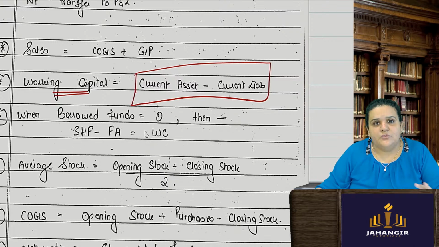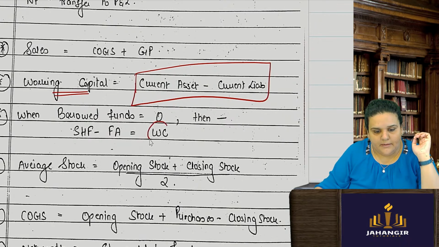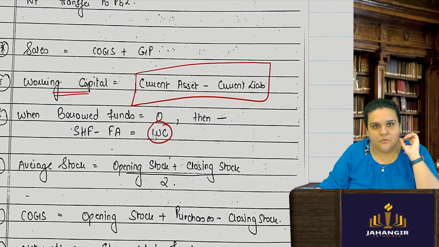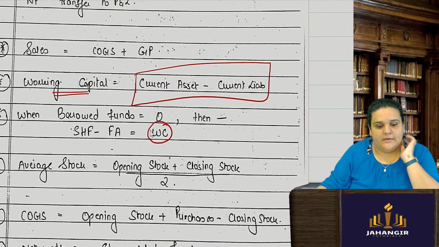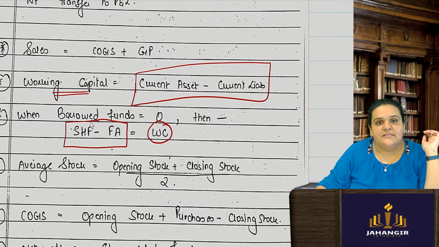However, whenever there are no borrowed funds in the organization, borrowed funds is zero, then your working capital can also be calculated with the help of shareholders' funds minus fixed assets.